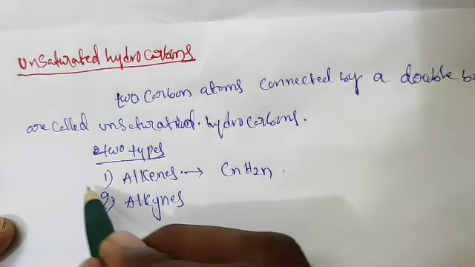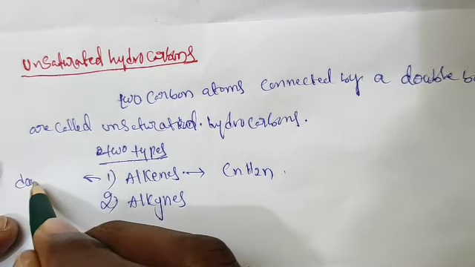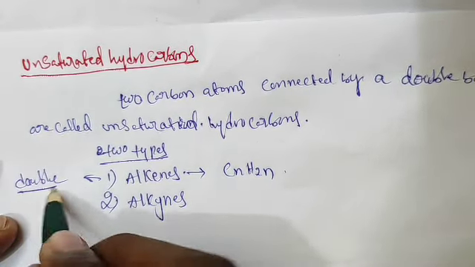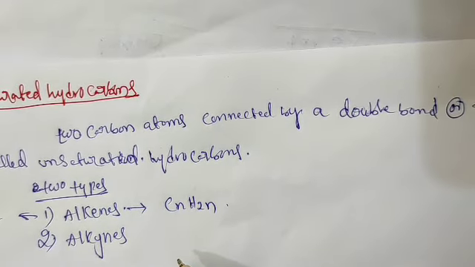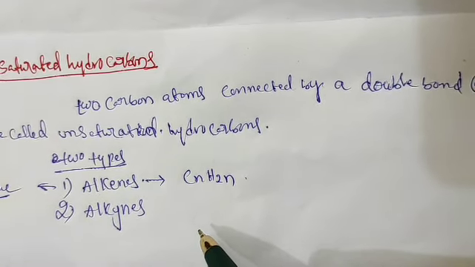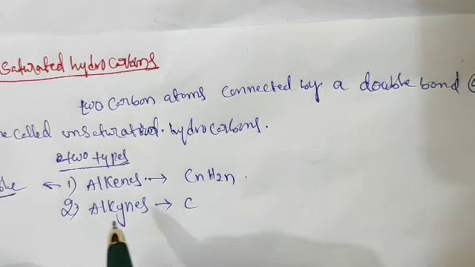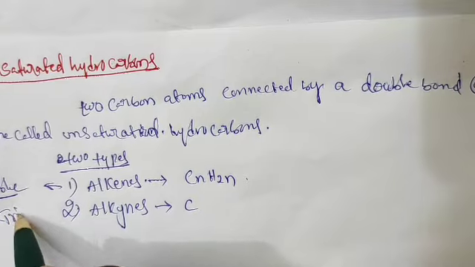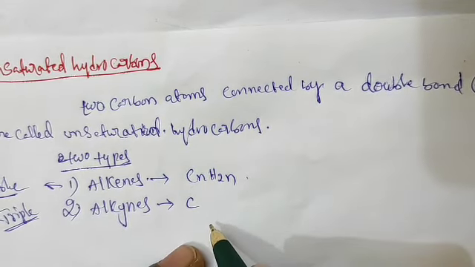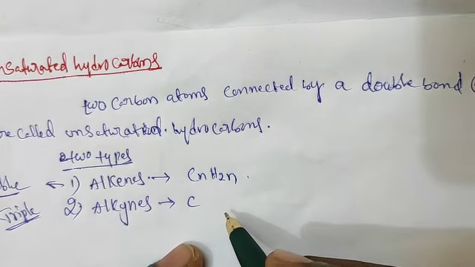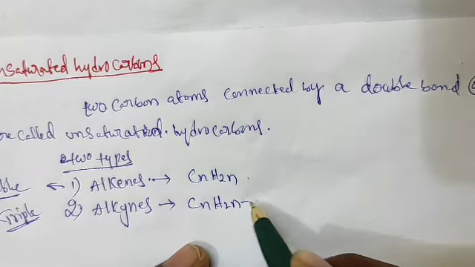So this alkene means a double bond between two carbon atoms. Double bond present in two carbon atoms, that is alkene. Alkyne means a triple bond present in two carbon atoms, that is alkyne. So general formula is CnH2n minus 2.